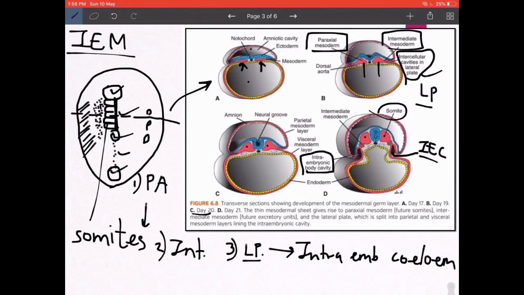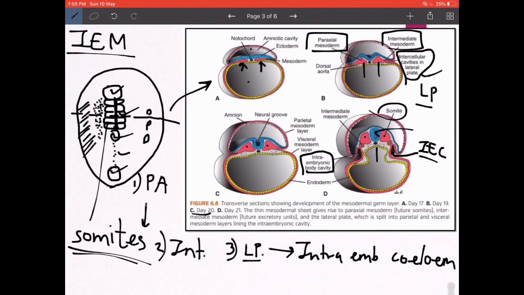More on that later. Okay, by day 21 you can see that the neural tube is completely formed and the somites are lying on either side of the notochord, above which lies the neural tube. So you can see the notochord here. Okay, I hope this is clear. Now we are going to speak a little bit more about the paraxial mesoderm, to be precise, the somites.